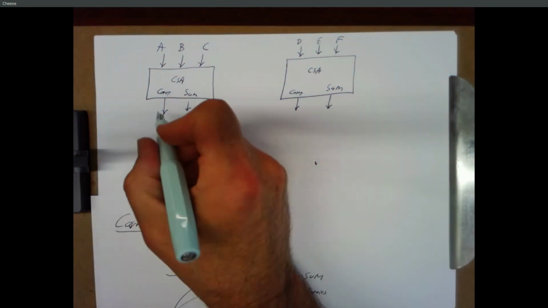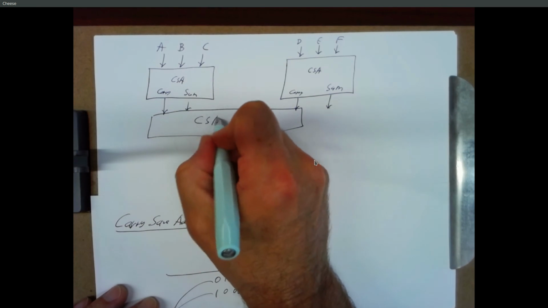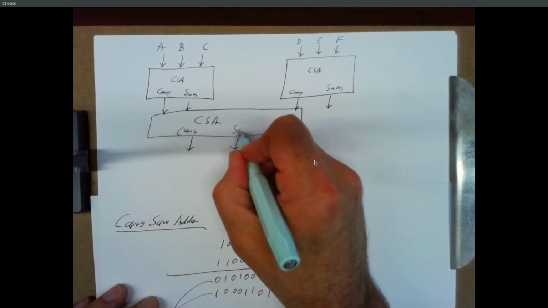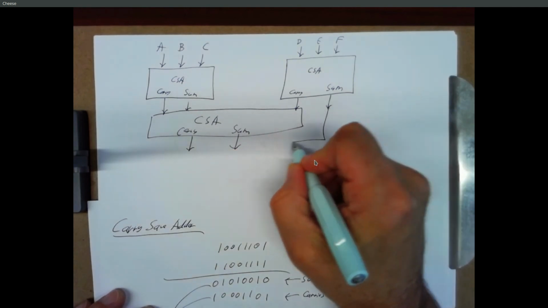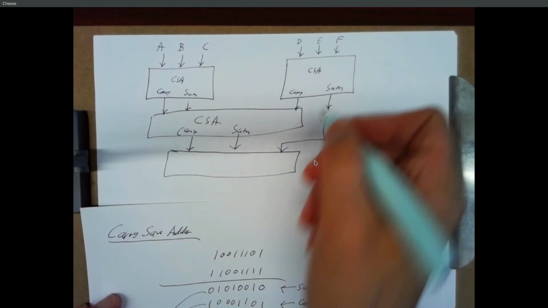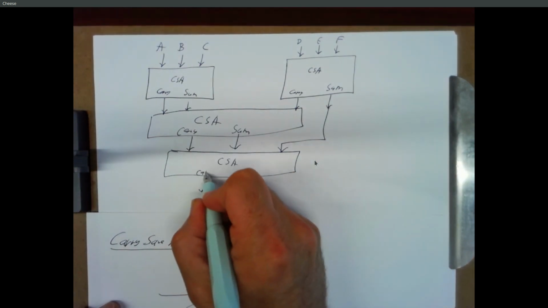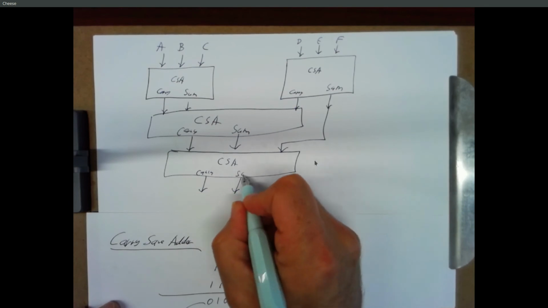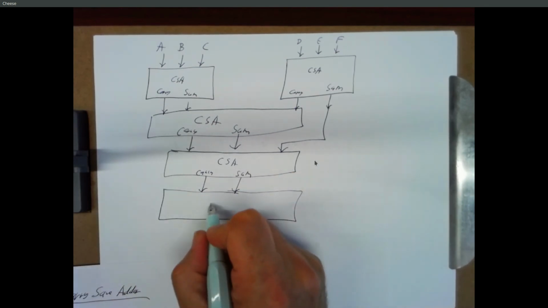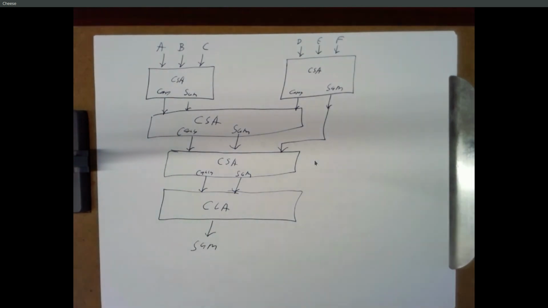Well, we can take, say, these 3 numbers, put them into a carry save adder, and generate a carry and a sum. And then we can take the output of the carry and the sum from here, put that into a carry save adder, and get out a carry and a sum. And this can go into a traditional carry look-ahead adder and generate our sum.